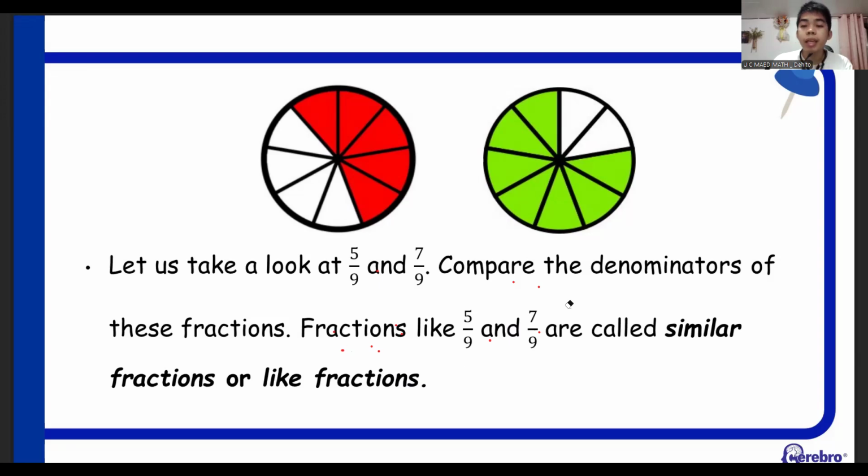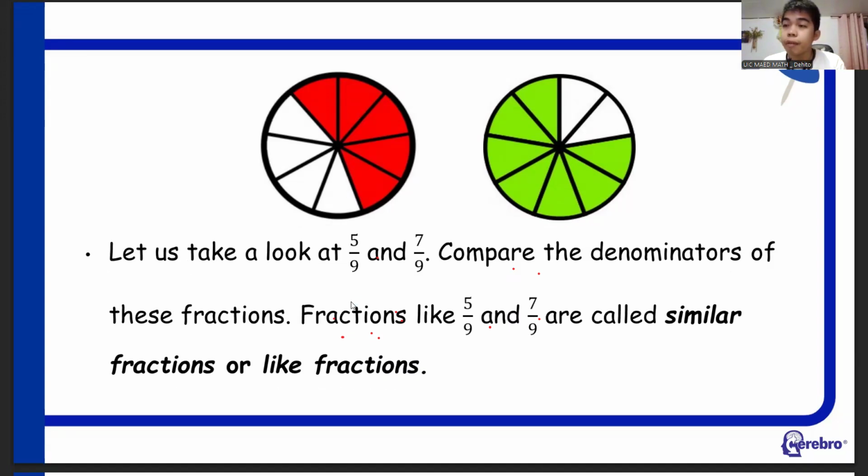Fractions like 5/9 and 7/9 are called similar fractions or like fractions. Remember, you have to look at the denominator and see if it is similar or not. If they have different denominators, then the fractions are dissimilar. If they have the same denominators, then the fractions are similar.